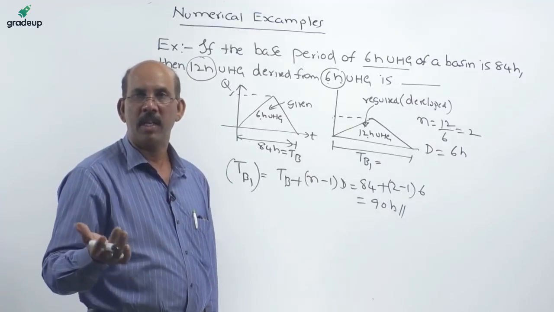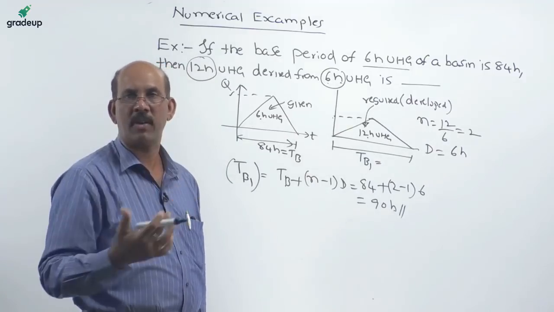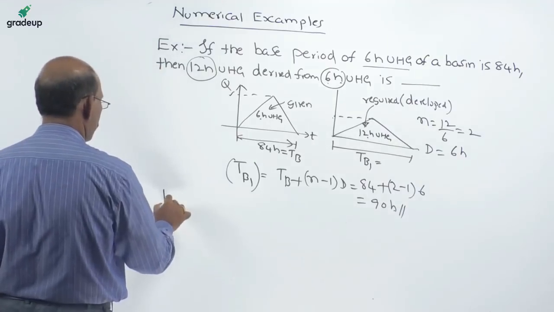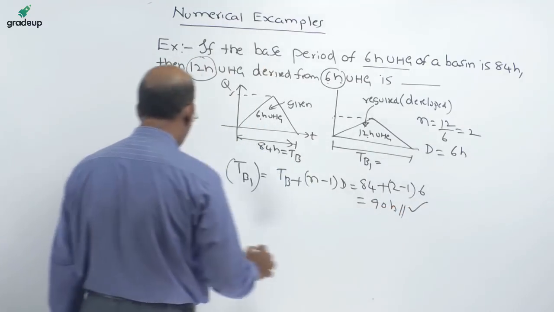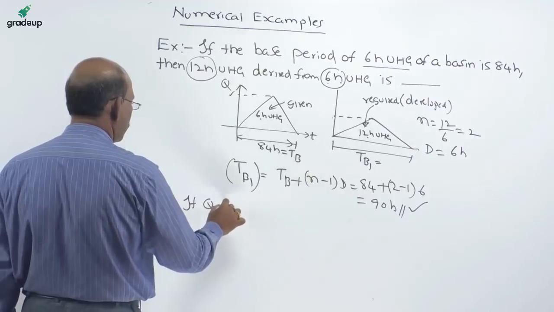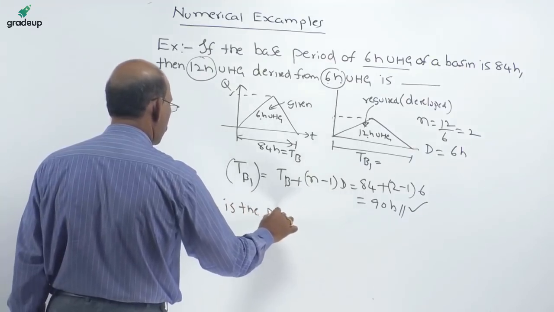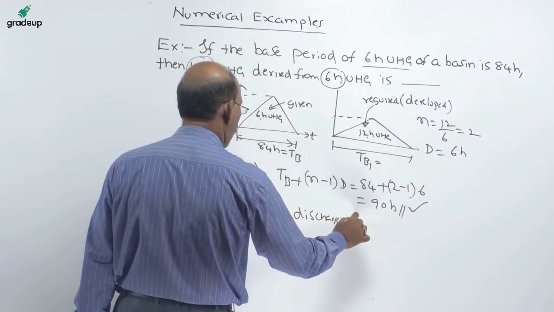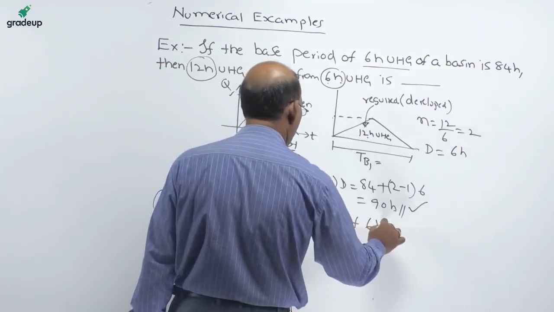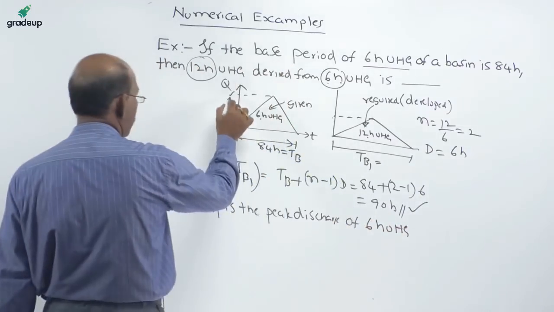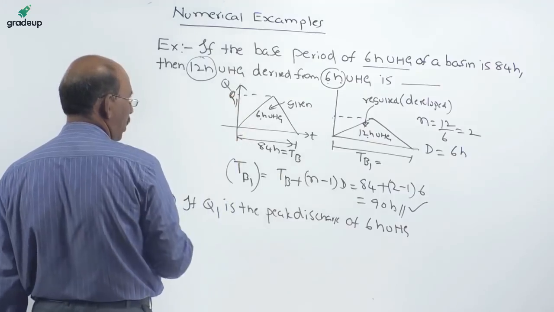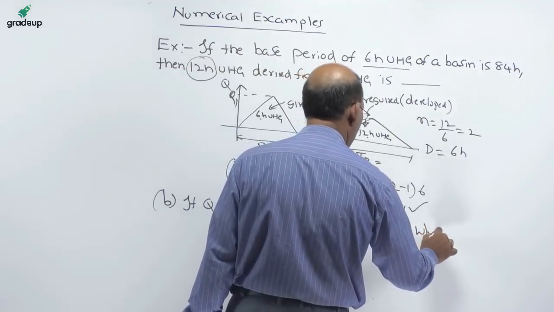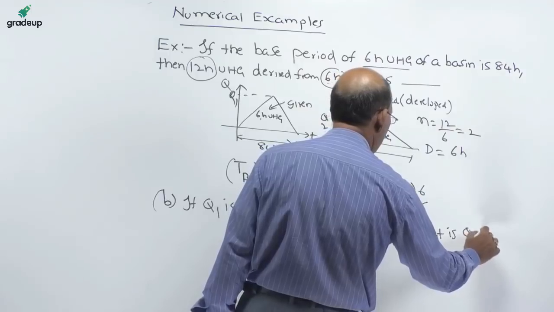We can also ask: if Q1 is the peak discharge of the 6-hour unit hydrograph, what is the peak discharge Q2?